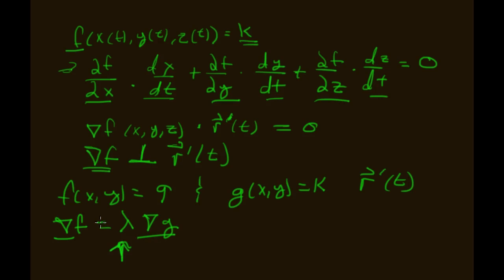And that lambda usually ends up being a negative number of some sort. Sorry, it doesn't necessarily have to be negative. That lambda is going to point these two vectors in opposite directions. Because they're in opposite directions, there has to be a scalar between them.